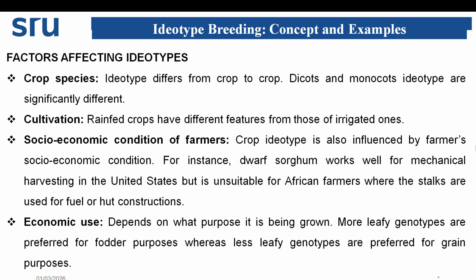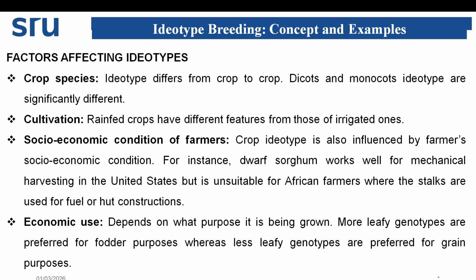But that same dwarf sorghum is unsuitable for African farmers, where they use stalks for fuel or hut construction. So that's why dwarf sorghum is not suitable for African farmers. In that way, we need to consider the socio-economic condition of farmers.